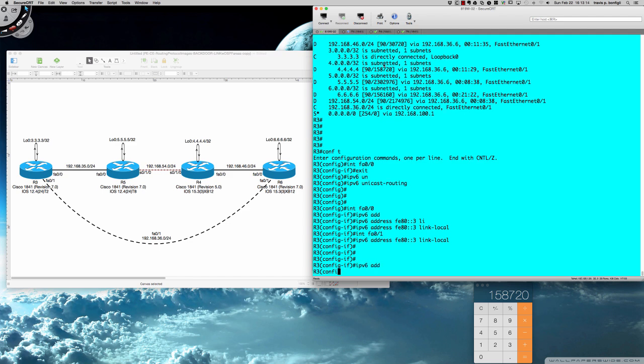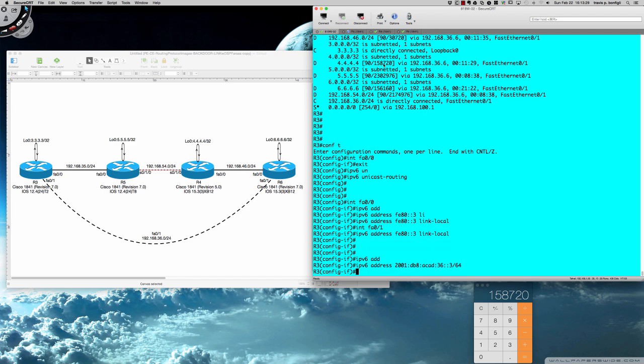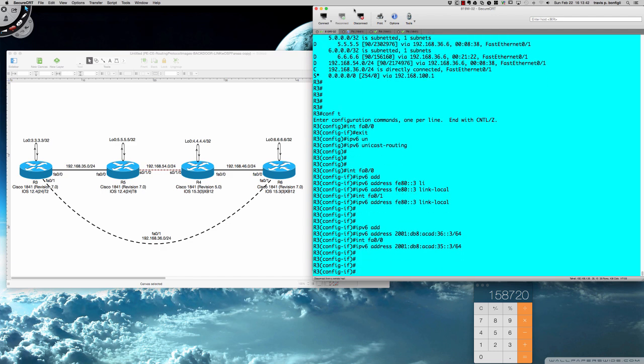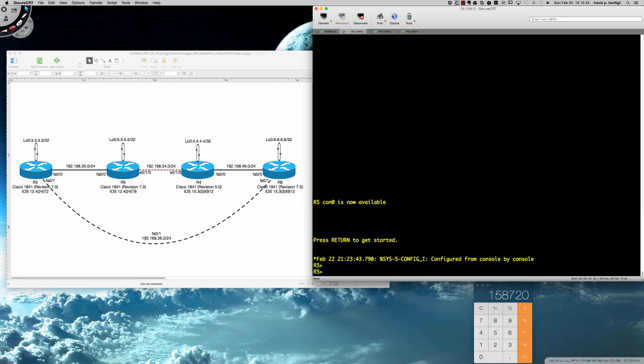I'll say IPv6 address 2001:DB8:ACAD:36::3 with a prefix length of /64, and then I've got to get back into FA00 to do the same thing. This is going to be 35::3/64.